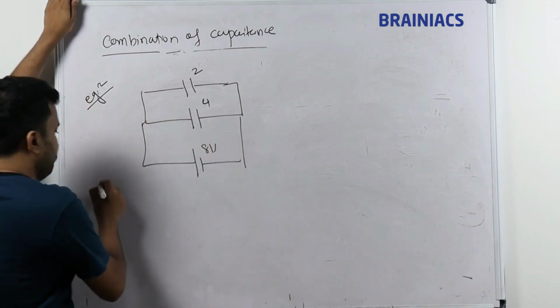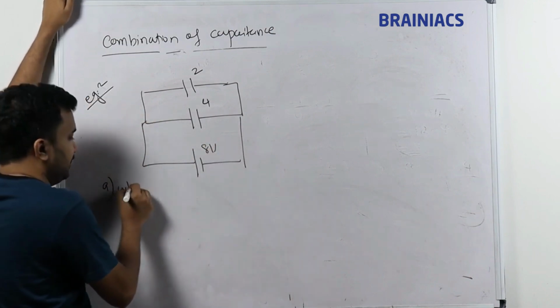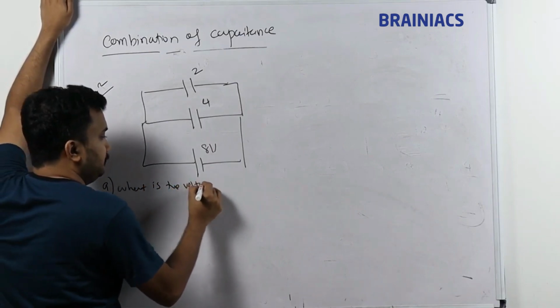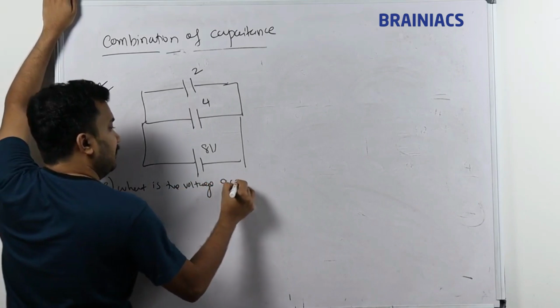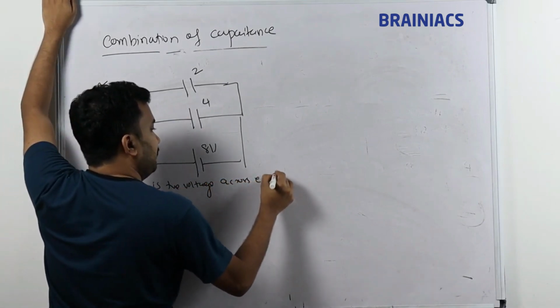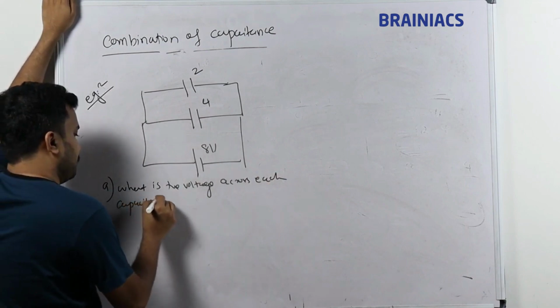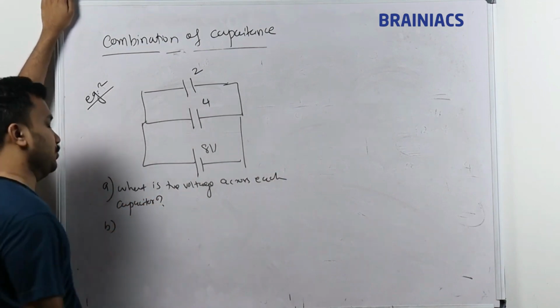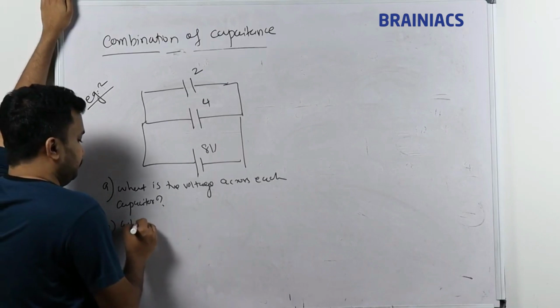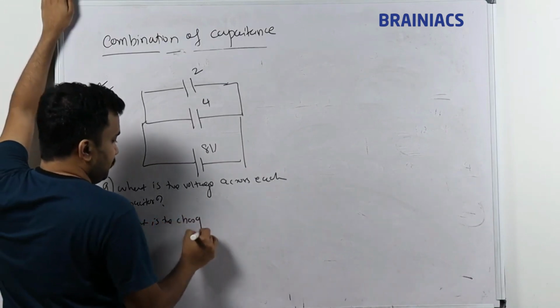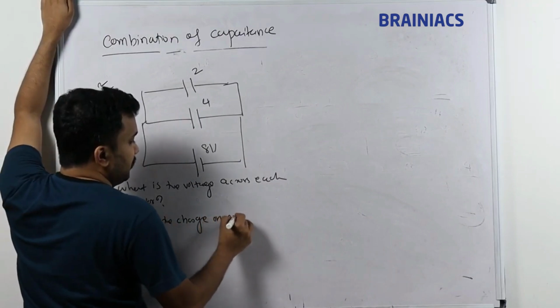As before, what is the voltage across each capacitor? This is the first question. Second question, what is the charge on each capacitor?